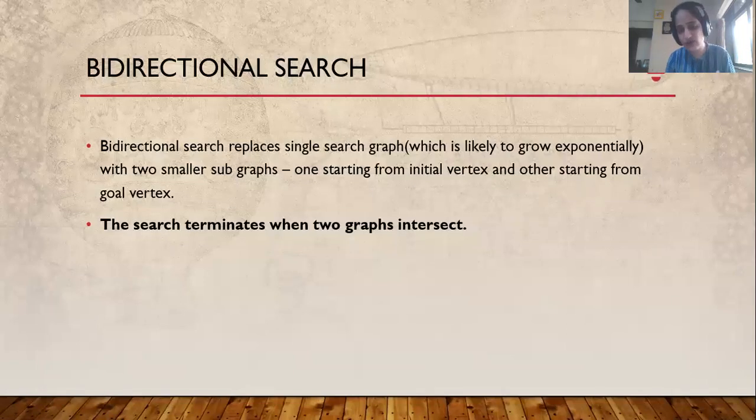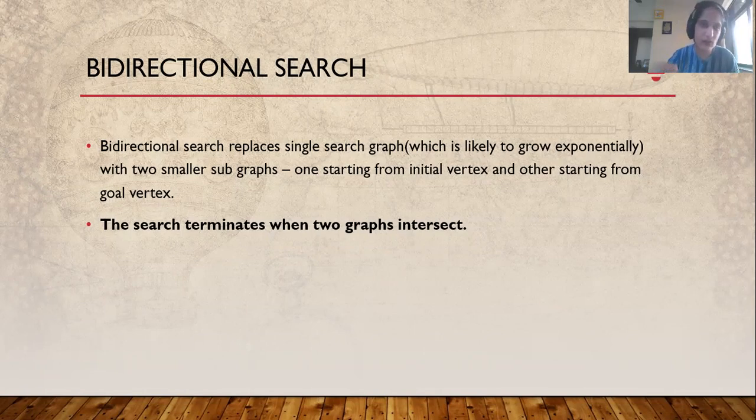But bidirectional search terminates when these two subgraphs, from the big state space, one search started from the source towards the goal node and one started from the goal node towards the source node, meet or intersect. The search terminates there.